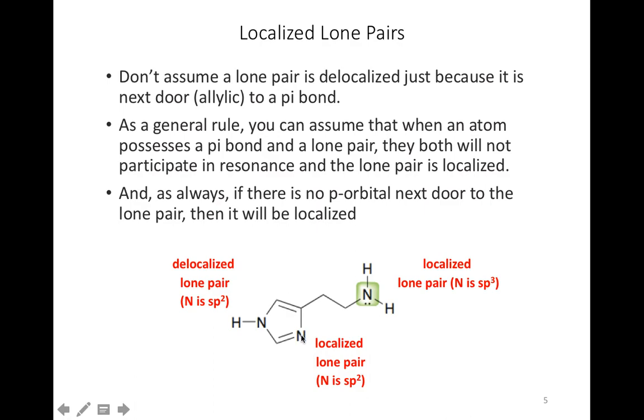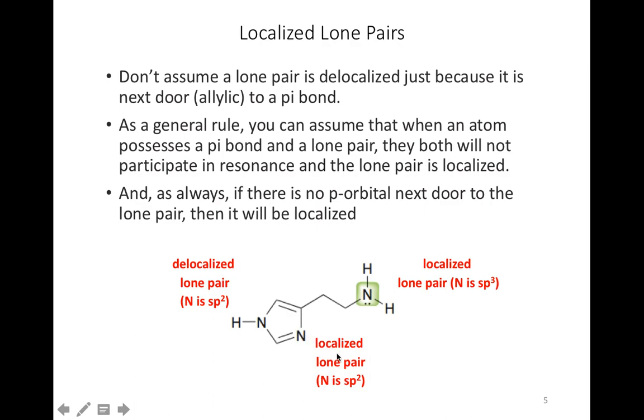Now this nitrogen has a lone pair, right? And that lone pair is allylic to a double bond, but because the p orbital of this sp2 hybridized nitrogen is already participating in a double bond, that lone pair must be localized.